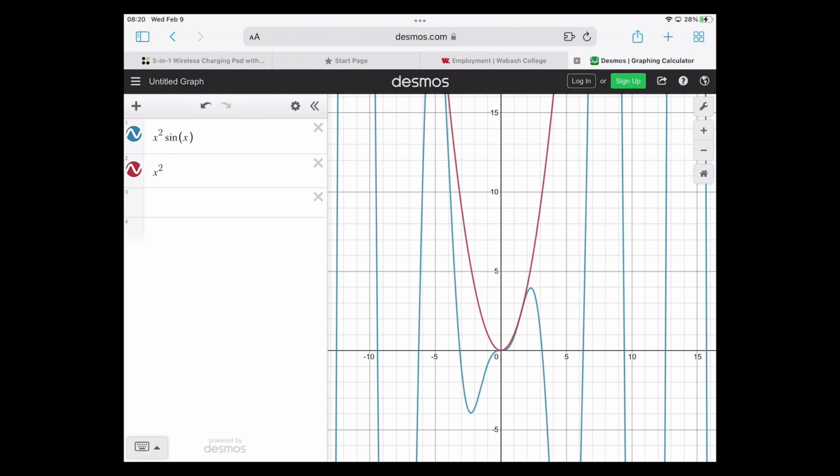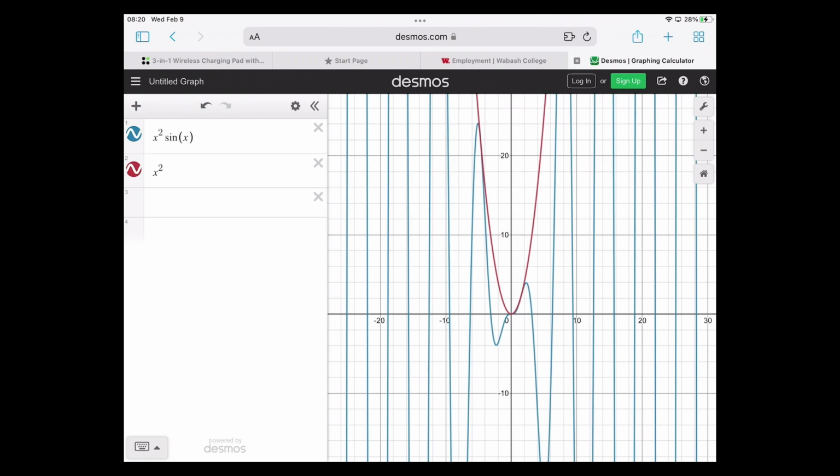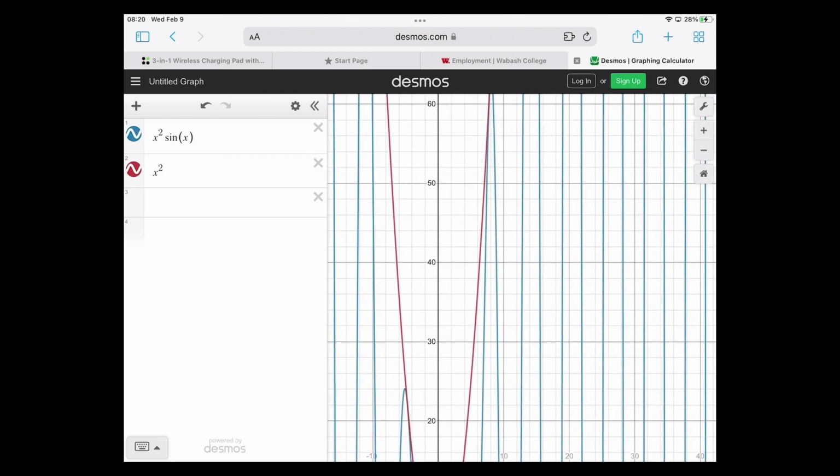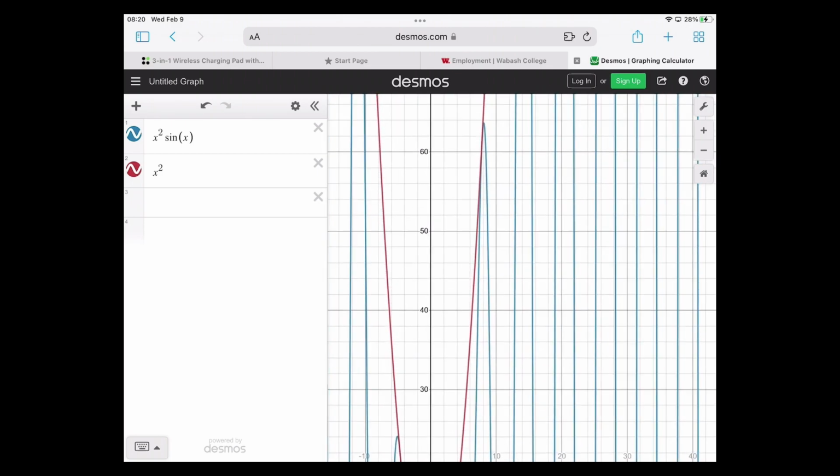You see how the blue one, which is our desired function, at each peak sort of touches the red curve and then drops back down and so on, right? So the red curve kind of bounds it, if you will.